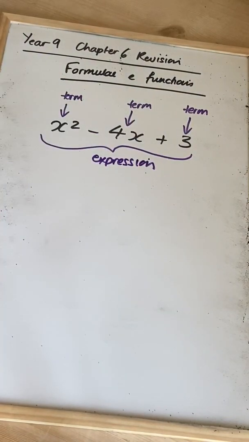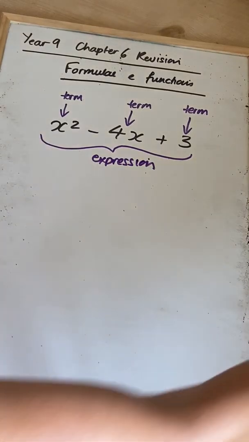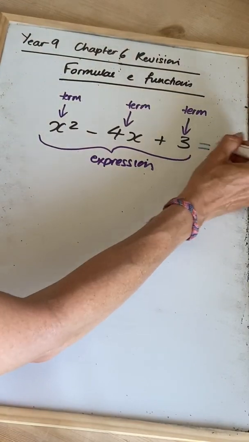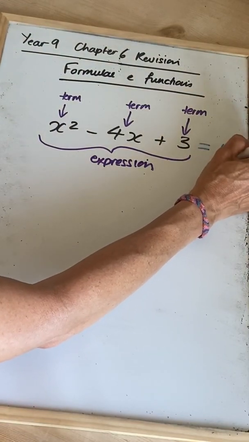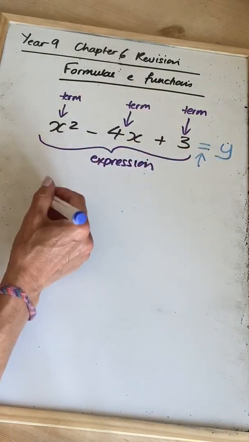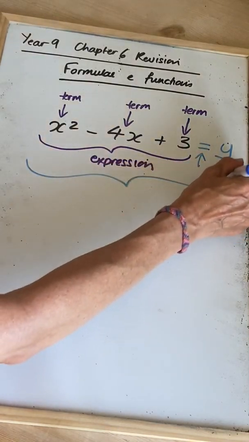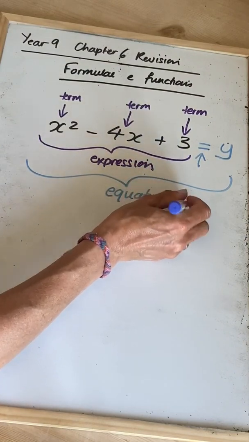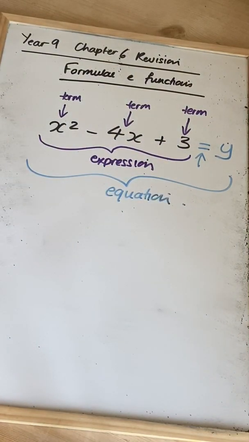Okay. However, if I go a little step further and I set this equal to something, equal to y, because I've got an equals sign here, that makes that whole thing into an equation. Yeah?